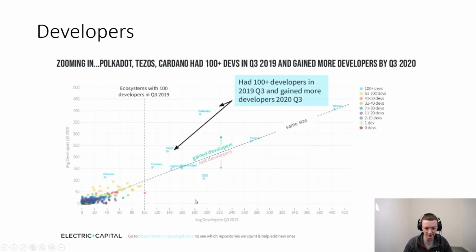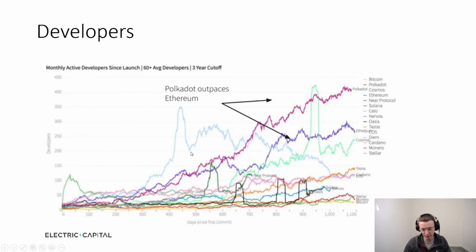In terms of developers, we can look at the Electric Capital report and see that Cardano has in fact gained developers between Q3 2019 and Q3 2020. Again, this is the latest information that Electric had at the time, so hopefully this has changed in our favor. In terms of how many developers that actually is, if we take a look at this crazy chart, Cardano's just down here, which is the average among the top lot of layer 1 protocols.